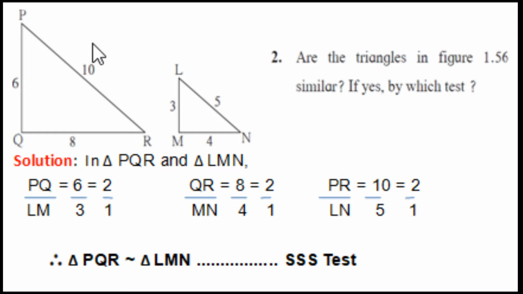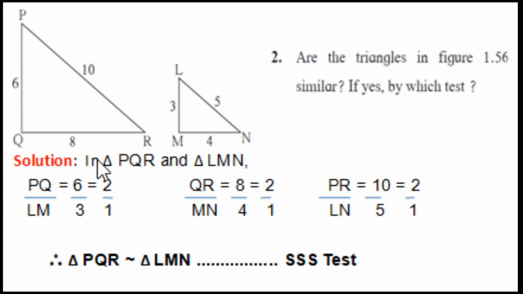Now you are given two triangles, so we have to find out whether the triangles in figure 1.56 are similar, and if yes, by which test. Triangle PQR and triangle LMN, only the measures of the sides are given.